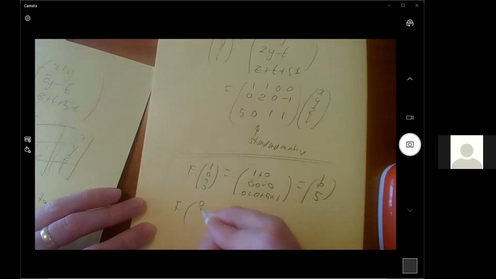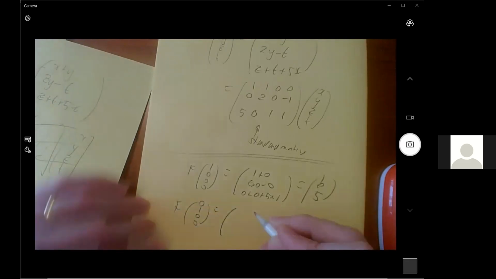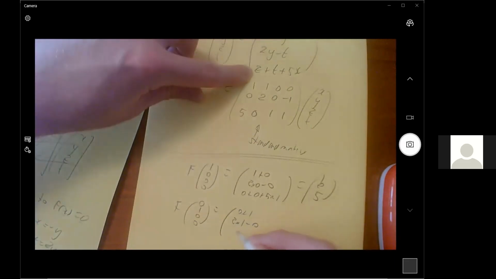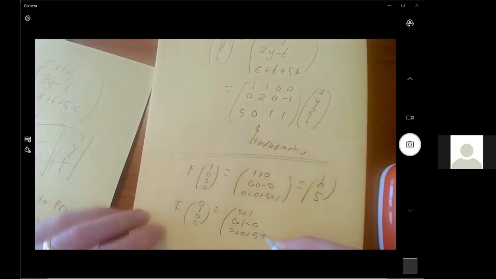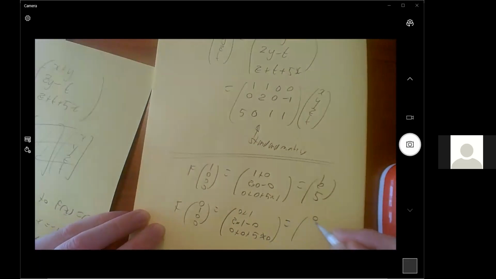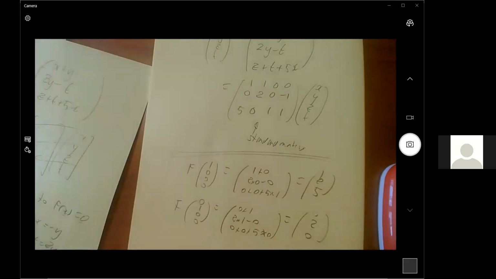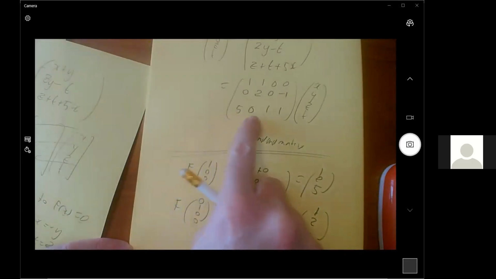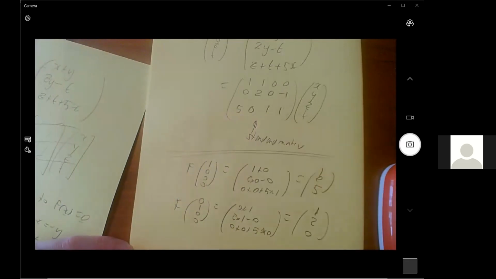And f of 0, 1, 0, 0 is 0 plus 1, 2 times 1 minus 0, 0 plus 0 plus 5 times 0, which is 1, 2, 0, and that's the second column. Keeping on down that road, it would slowly produce this matrix one column at a time, which is a very fabulous magic trick that linear transformations do. And those are two ways I could find that standard matrix.